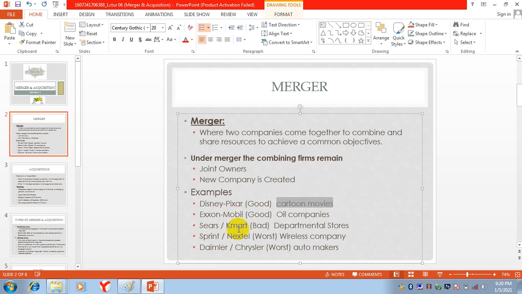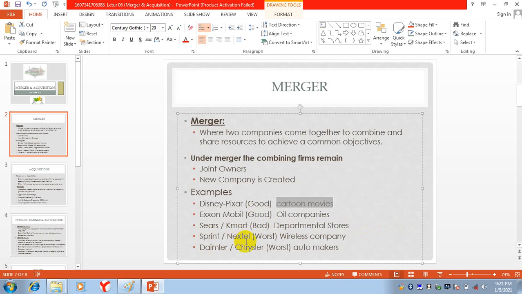Sears and Kmart also combined their resources. These were two departmental stores. They combined their resources, but it was a bad merger.